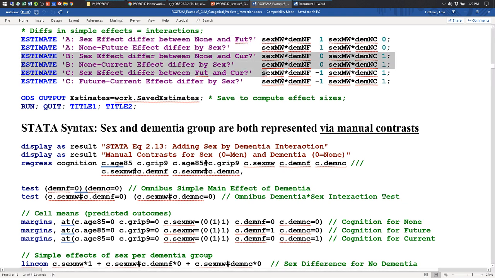Same story for B. It's the other interaction term by itself, so it's none versus current, but it's the same idea. And the one that's missing is a linear combination of the 2 interaction contrasts. That is whether the sex difference differs between future and current, or whether the future-current difference differs across genders.